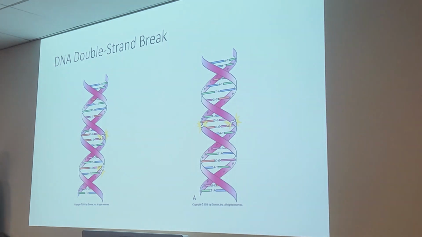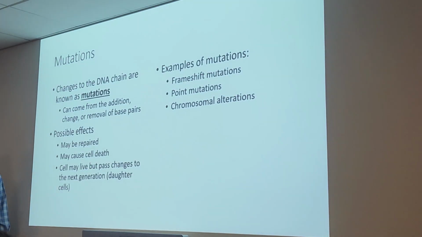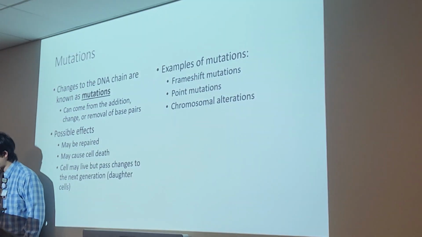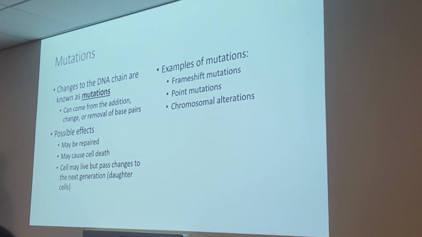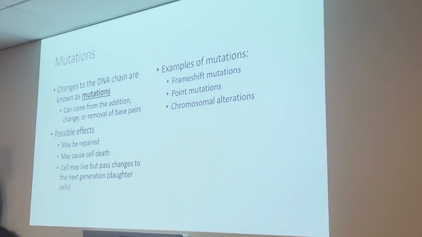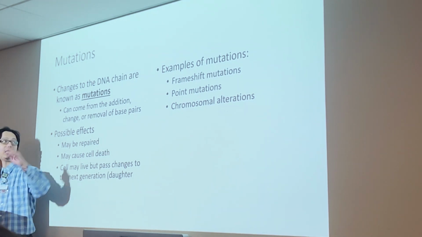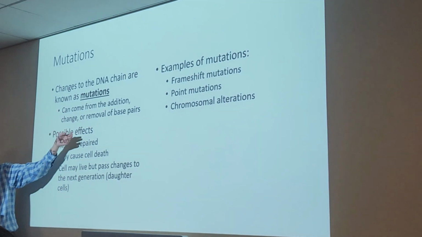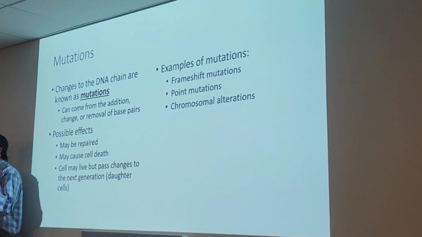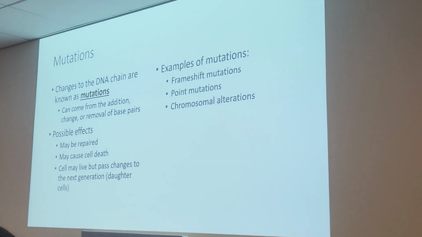So these single and double strand breaks can lead to mutations. Changes to the DNA are called mutations. Mutations can come because we have added base pairs, changed base pairs, or removed base pairs, but something happened to the DNA. If there is a mutation to the DNA, what happens?